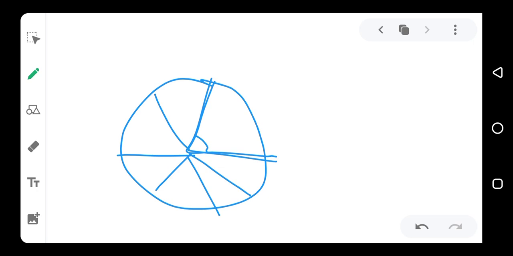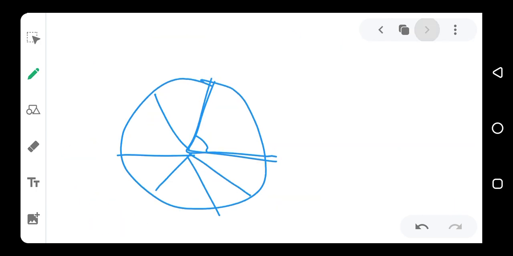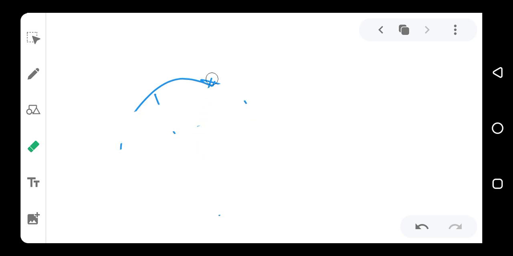So in this group given to us, how do we represent it with a pie chart? The first thing we do, like I said in the previous lesson, is to create a frequency table. How do we create a frequency table? In a frequency table, we list the data and then the total number of occurrences or the size of the data.